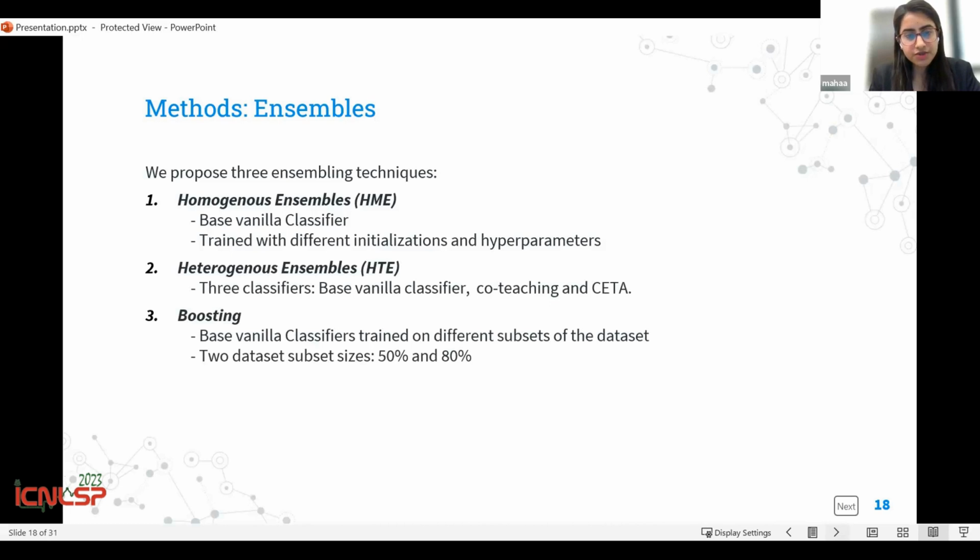In our work, we use the base vanilla classifier, co-teaching, and consensus-enhanced training. The third technique is boosting, which is basically taking the same vanilla classifier, but training it on different subsets of the data. We use two data subset sizes, which are 50% of the total data and 80% of the total data.